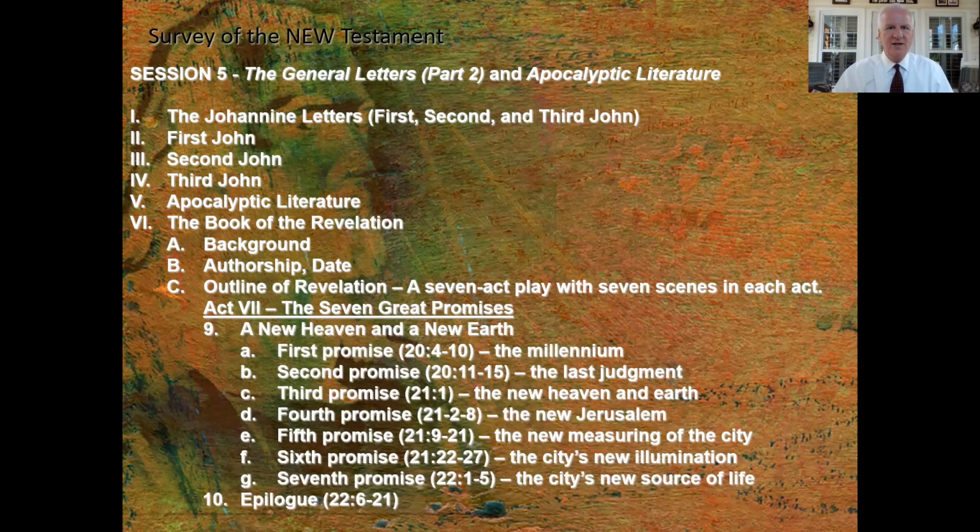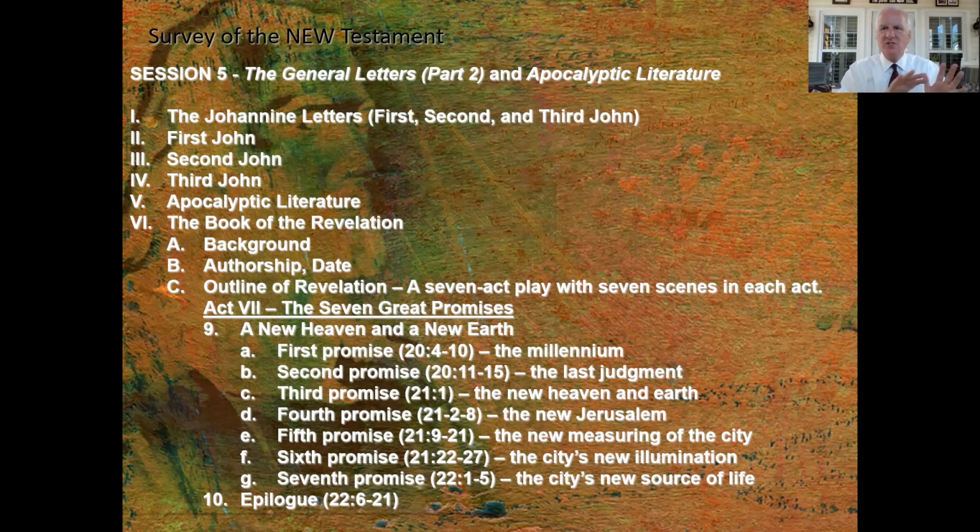And then the book closes with the 7 great promises: a new heaven and a new earth, the millennium, the last judgment, the new Jerusalem, the measuring of the city. But it ends on this positive note, the 7 great promises of God.